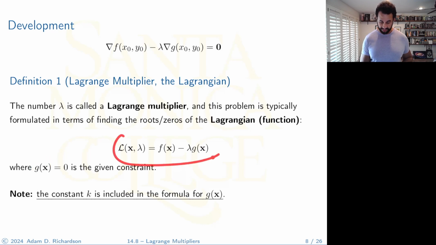Okay, so this function here is what we call the Lagrangian. You use a little fancy L. It's a function of any number of variables as well as the variable lambda. So if x is 2 variables, this would be a function of 3 variables, and if x had 4 variables, then this would be a function of 5 variables, and so on. And that's the idea.